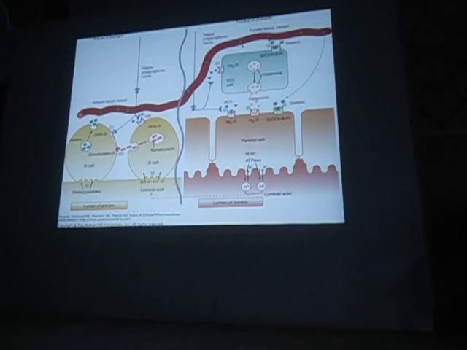They release acetylcholine, which can act on the parietal cells. They can also act on the ECL or enterochromaffin-like cells, where they release histamine. You can also see that they act on the G cells and D cells.